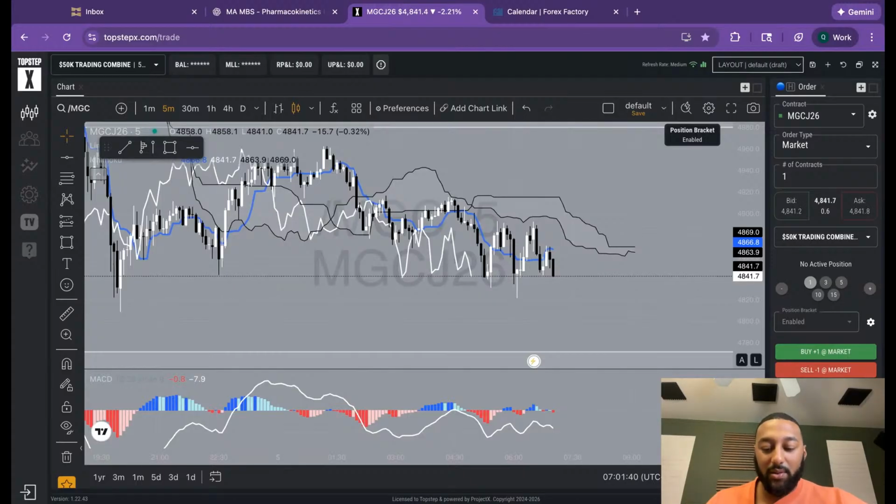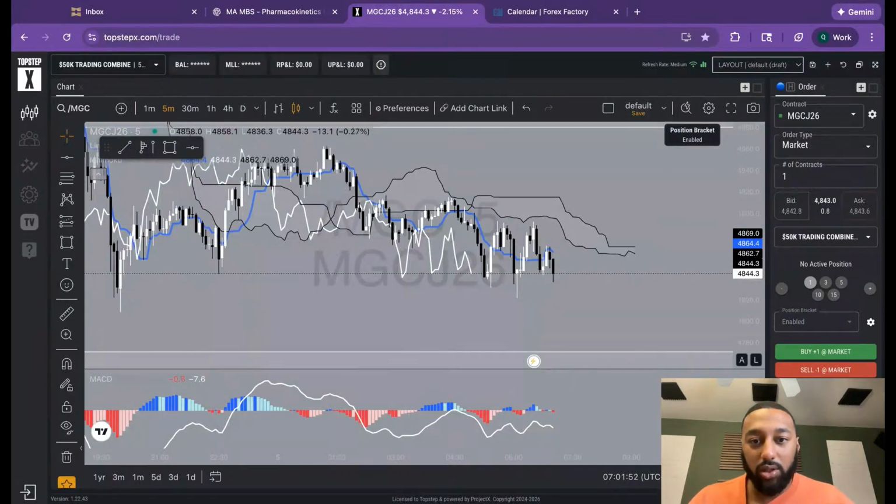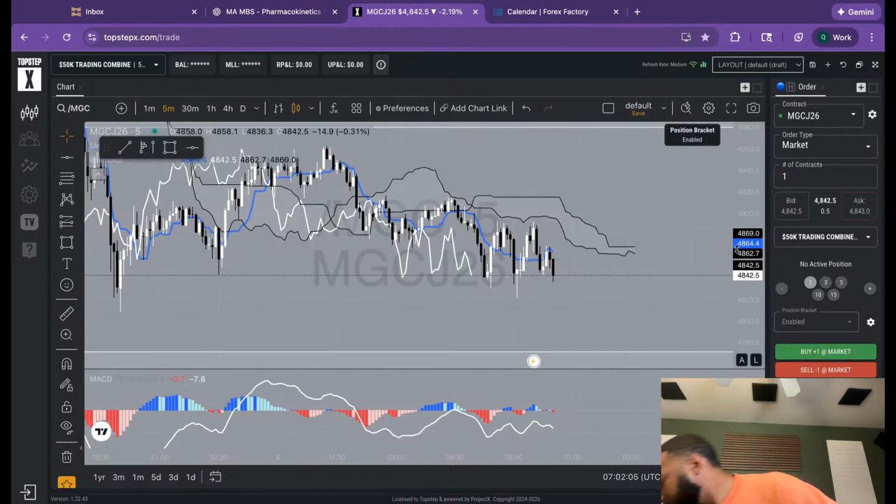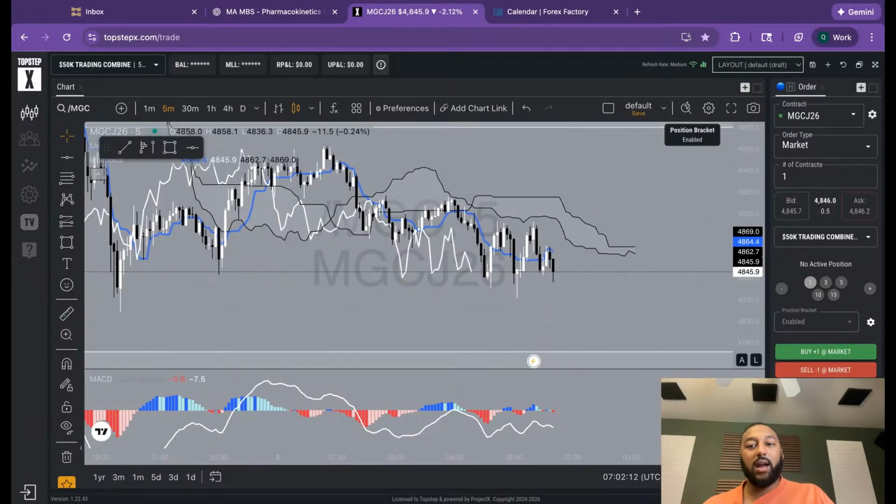What I'm doing here is showing you our system, how we execute, and what I want you to grasp is the systematic approach: having a setup, having areas you want price to go to, having your risk predefined, understanding what your leverage is going to be when you enter the trade, so that when you execute, you know exactly what you're doing to get in, and exactly what you're doing to get out.